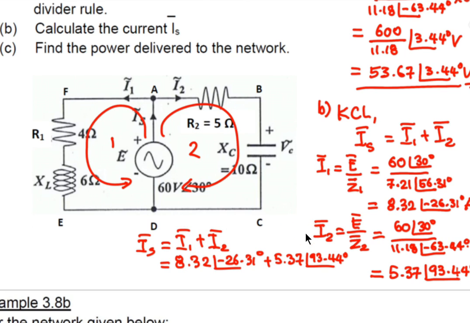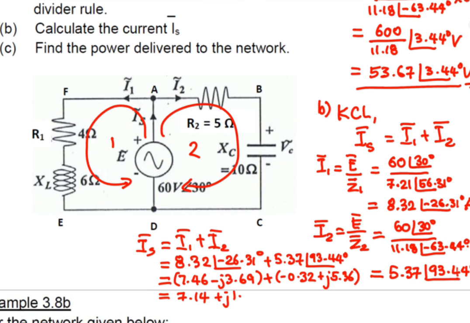Converting gives me 7.46 minus J3.69 plus minus 0.32 plus J5.36. That gives me 7.14 plus J1.67.